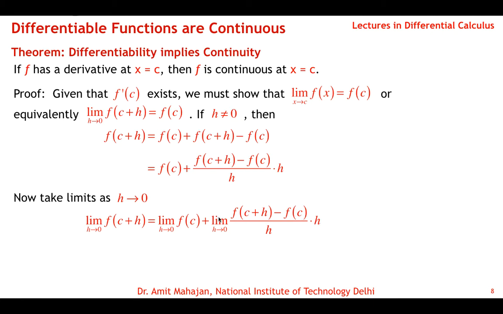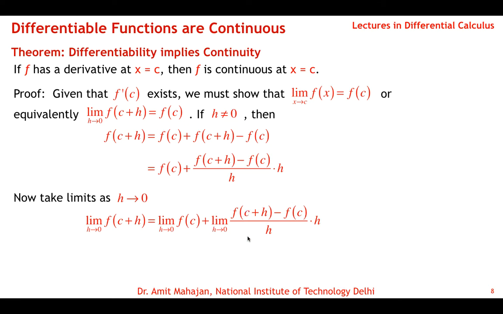Because the limit of f(x) times g(x) we can write as the limit of f(x) times the limit of g(x), and this limit is nothing but the derivative, okay. By definition, this limit h tends to 0 of [f(c+h) minus f(c)] over h is the definition of the derivative at the point c.